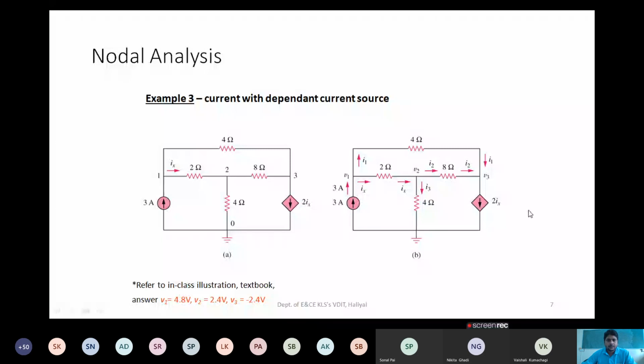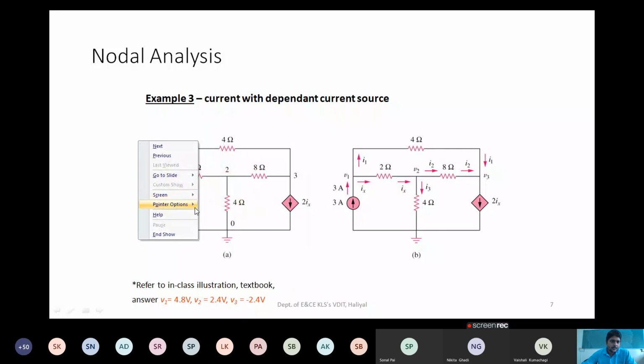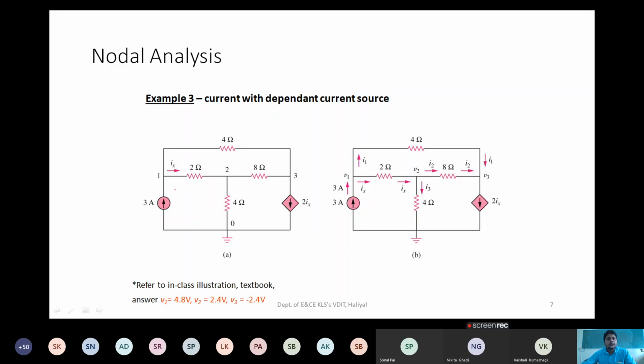Okay, see here. With respect to this circuit, everything is given again. They have already given the non-reference nodes and reference node, and the question will be something like this: you need to calculate V1, V2 and V3.